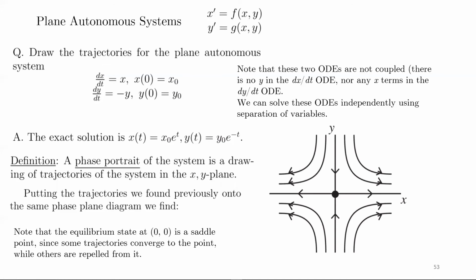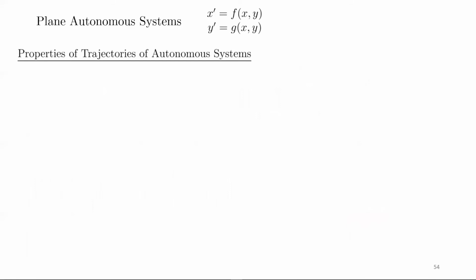Note that the equilibrium state at 0, 0, that point where we don't move at all, is a saddle point because some trajectories converge to the point while others are repelled away from it. And what we're going to do in this unit is find out what kinds of equilibrium points we can have.